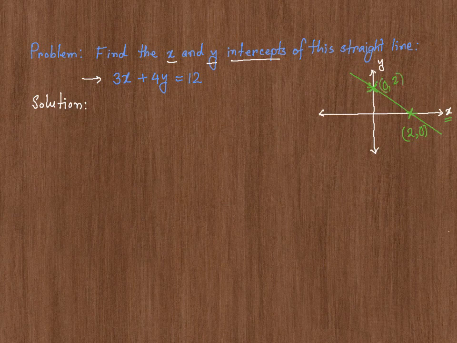So note these two special characteristics of x and y intercepts. For the x-intercept, the y-coordinate is always 0. That means in a given equation or in a given function, if you set y equal to 0 and solve for x, what you are getting is the x-intercept.